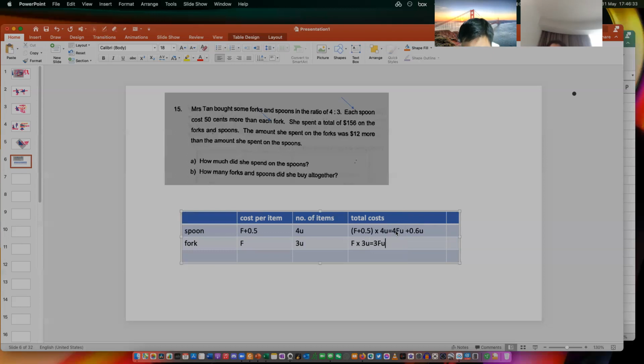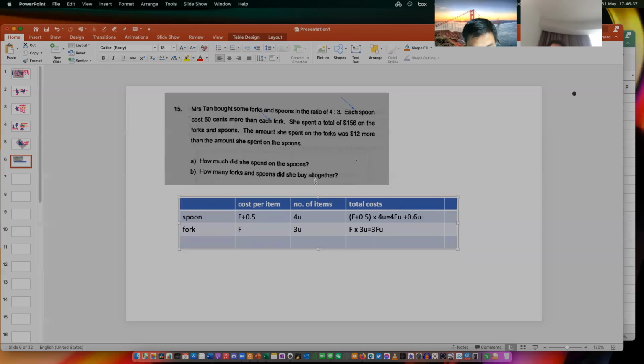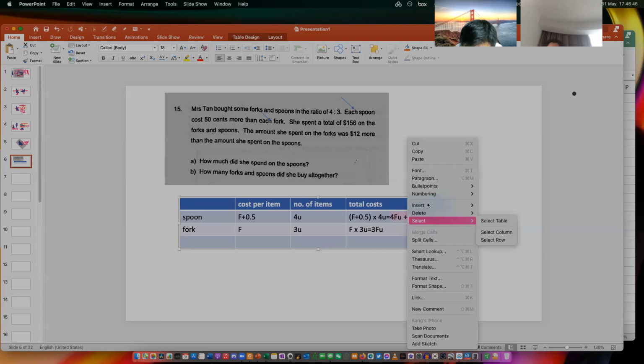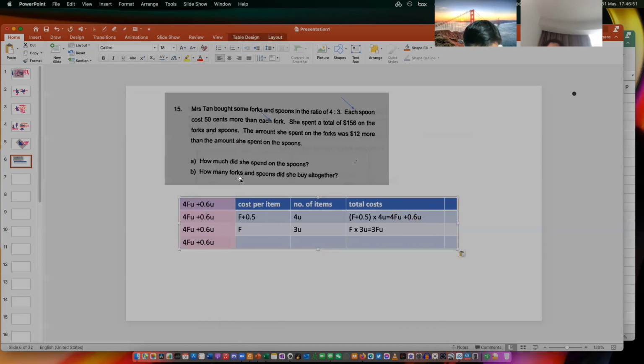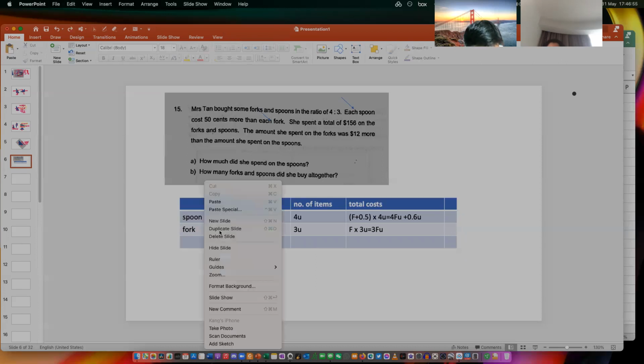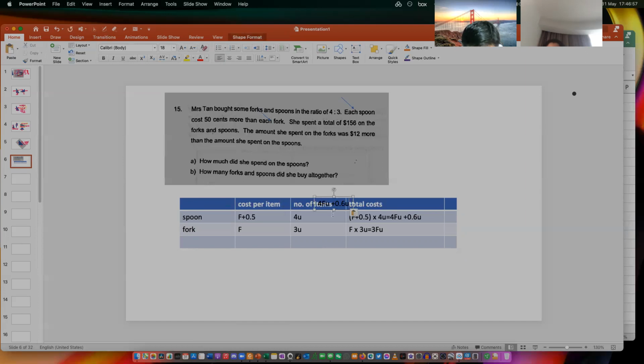Okay, so I have simplified it, and now I just have to read the question further. So she spent a total of 156. So that means these two add up to 156. Let me just copy and paste, so it makes my life faster. I just want to paste it here.